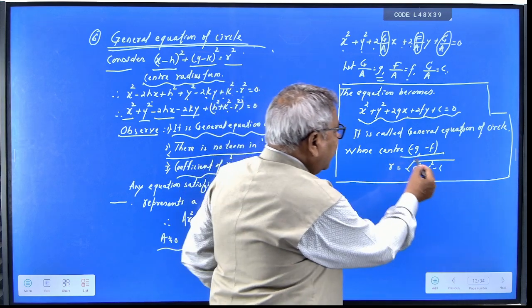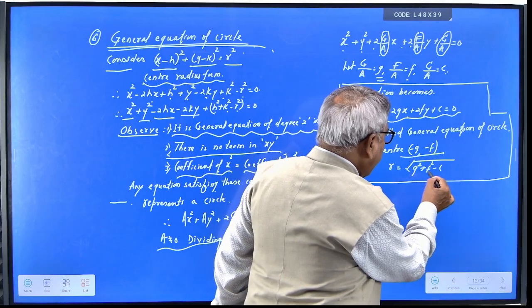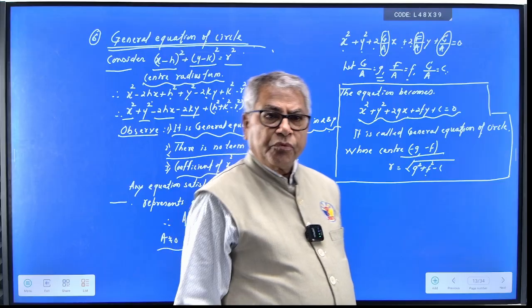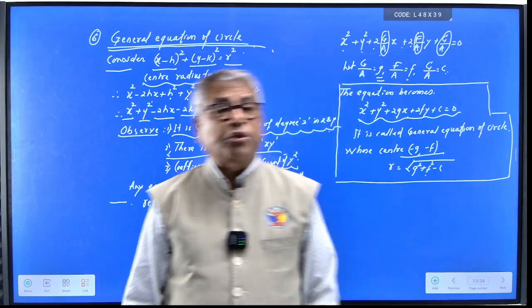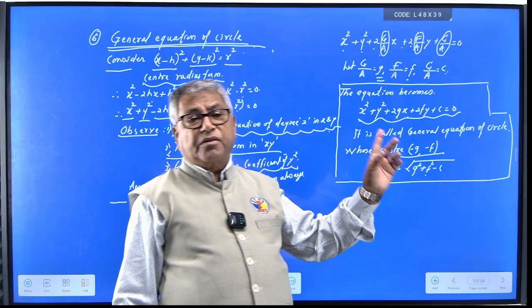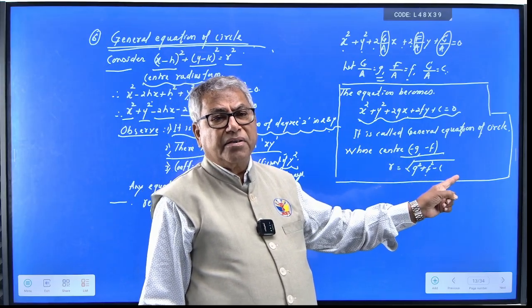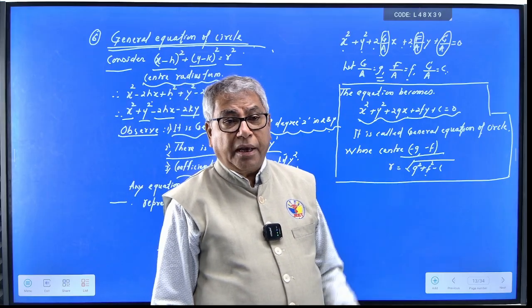That is the center, (−g, −f), and the radius r = √(g² + f² − c). So remember the general equation x² + y² + 2gx + 2fy + c = 0: the center is (−g, −f), and the radius is √(g² + f² − c).